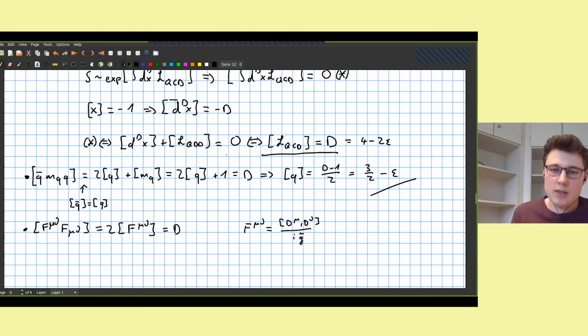So we assume that this coupling is in some form generalized, and what is important for us now is that this generalized means that this coupling could also have a mass dimension.